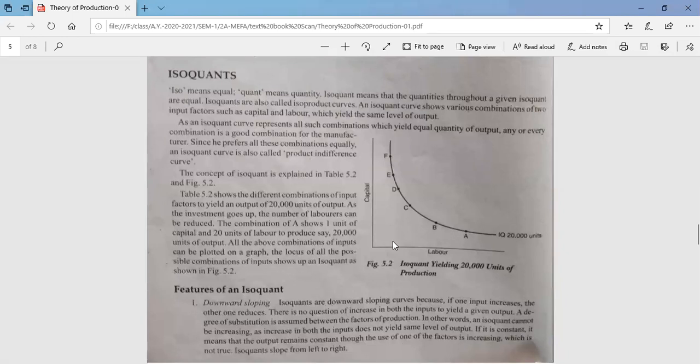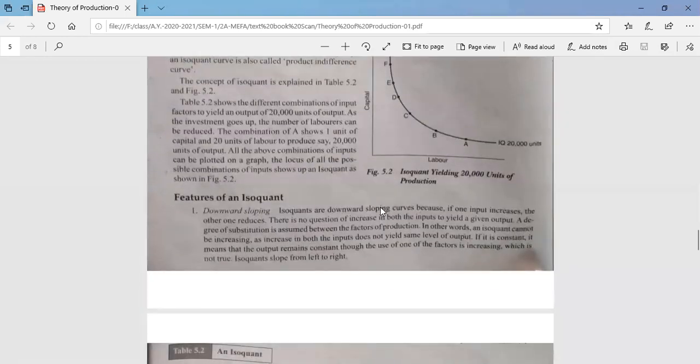Here the two inputs we are using are labor and capital. So we have to see the features of this isoquant. This curve is downward sloping, and this curve is not touching any of the axes.